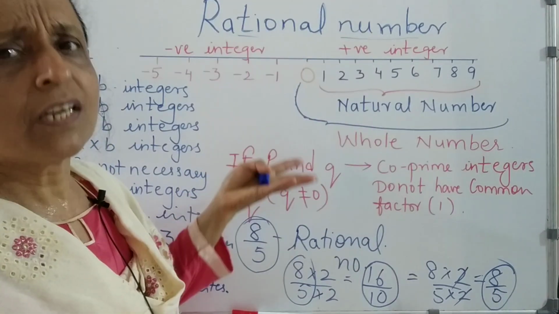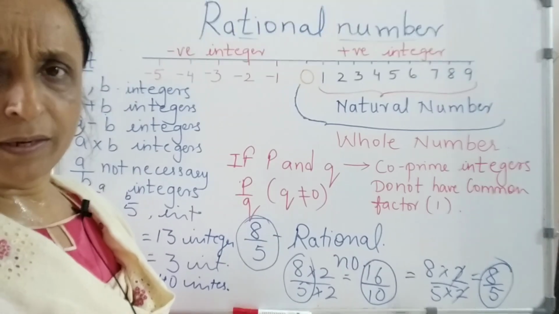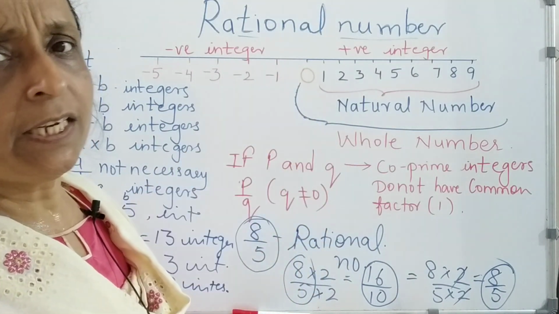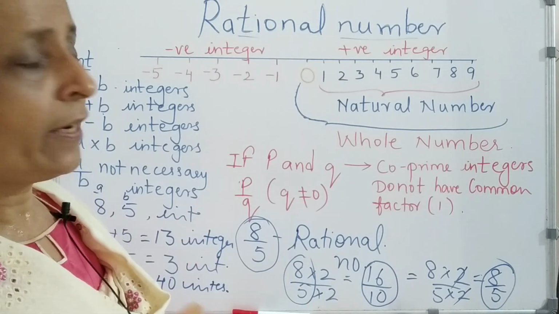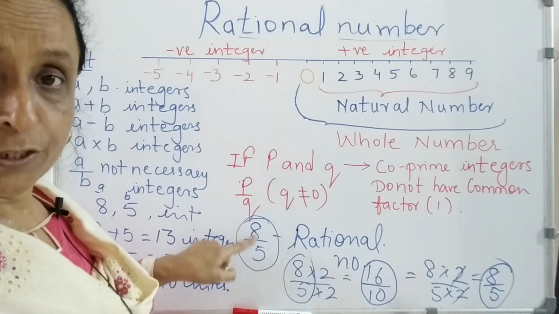So for a rational number, you just give a variable. P and Q are just variables, and internationally it is accepted as variables, and you can put any number. You can put any number, and that has to be 2 integers.